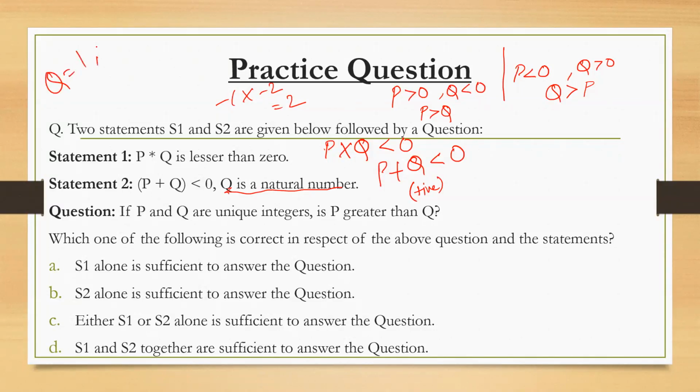Q can be 1, 2, 3, 4, 5, and so forth. Okay. Q is a natural number. So Q is what? Yeah, 1, 2, 3, 4, anything. That means it has to be positive. That means what will be the nature of P here? If P plus Q has to be less than 0 and Q is definitely positive, then P has to be negative.